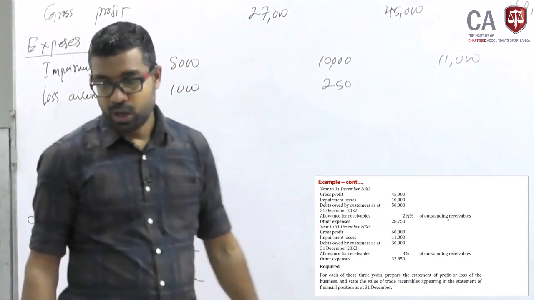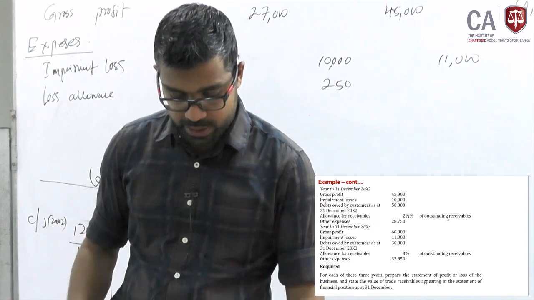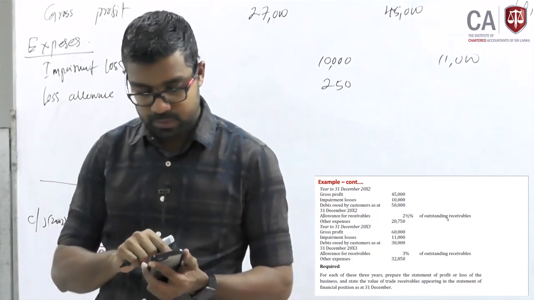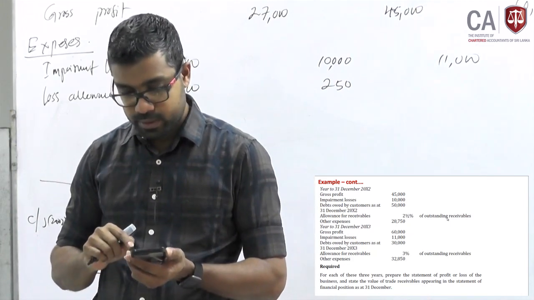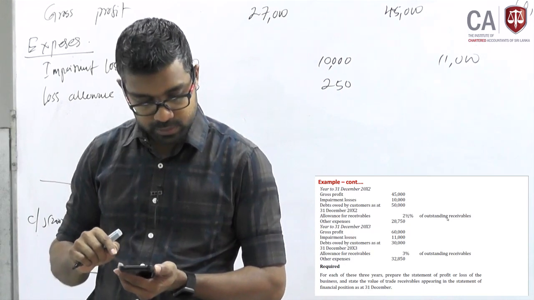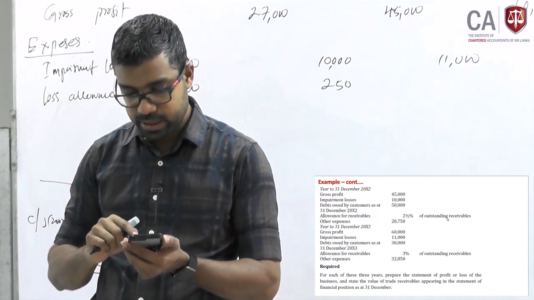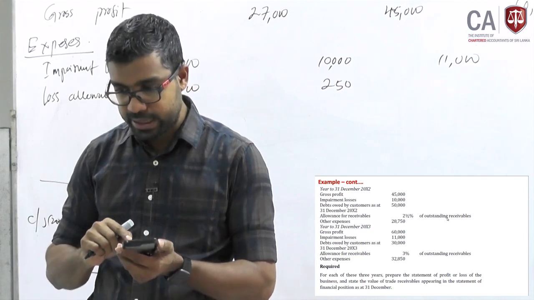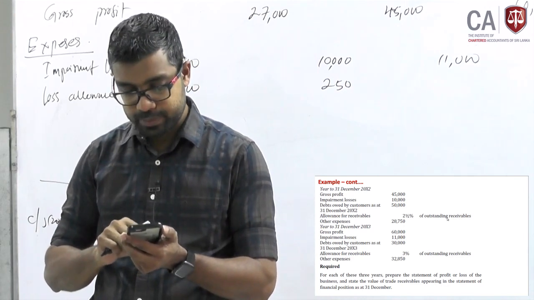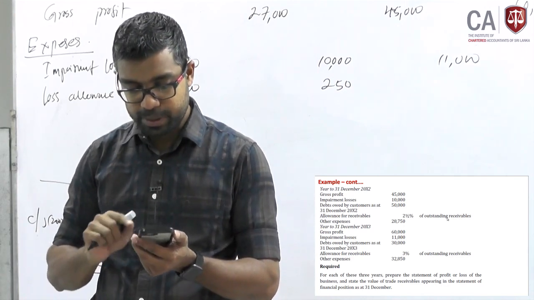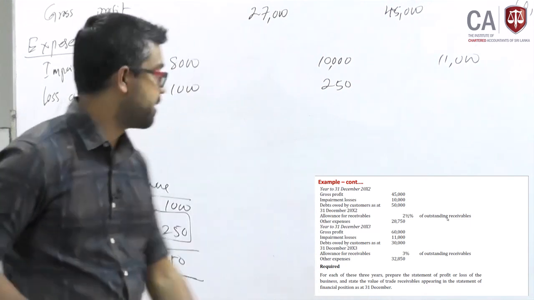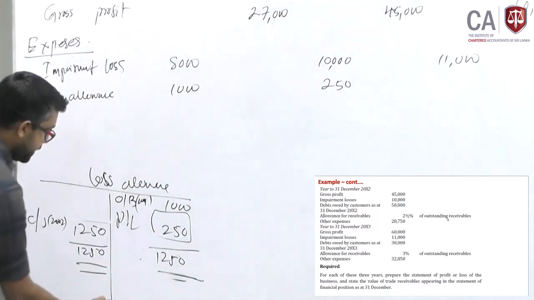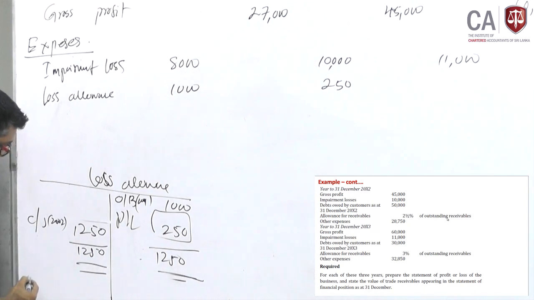Third year, loss allowance will be 30,000 into 3%. Sorry, 900. Right? Next year it's 900. Carry down value should be 900.